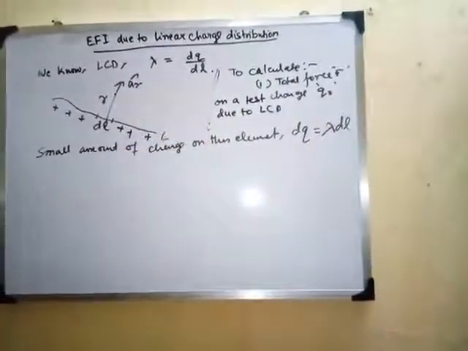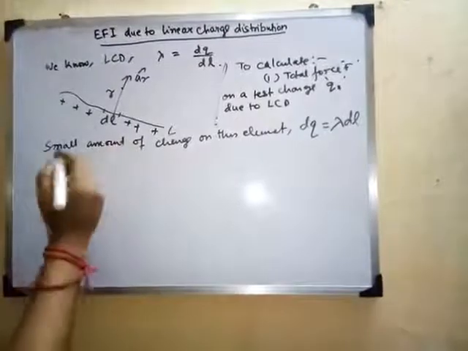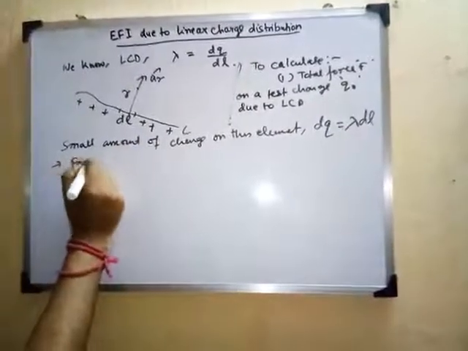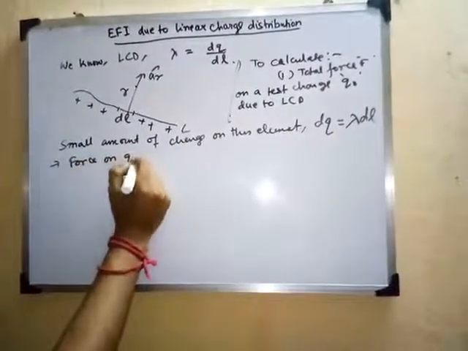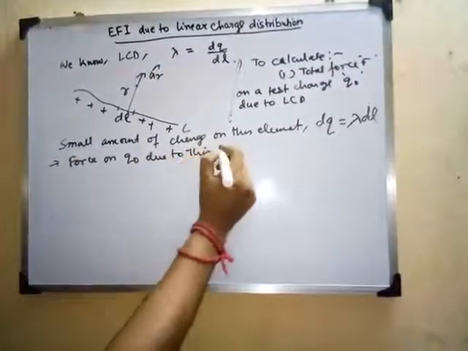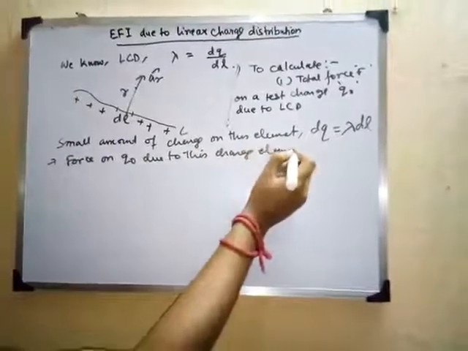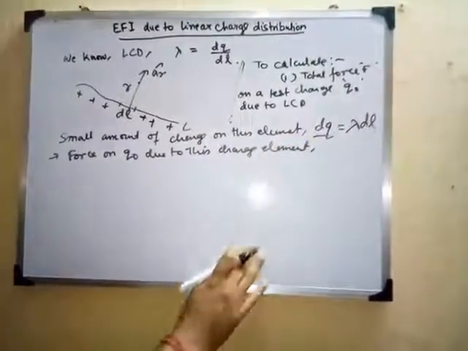Just cross multiplication we can have dq equals lambda dl, right? So now we calculate that force on q naught due to this charge element, that is charge element dq, right?